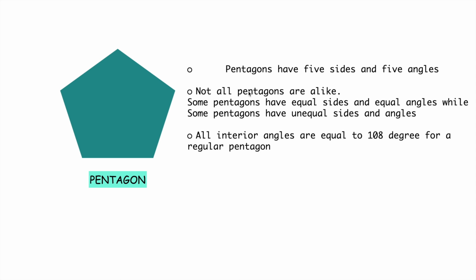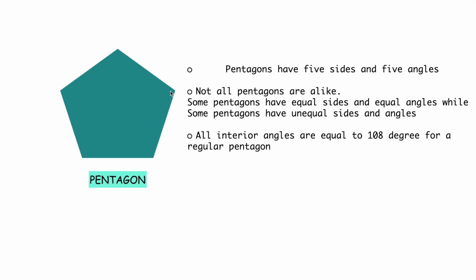Not all pentagons are alike, okay? Some pentagons will have equal sides. So the pentagon that you see here is called a regular pentagon. All the sides of this pentagon are equal in length. But it can be unequal as well.